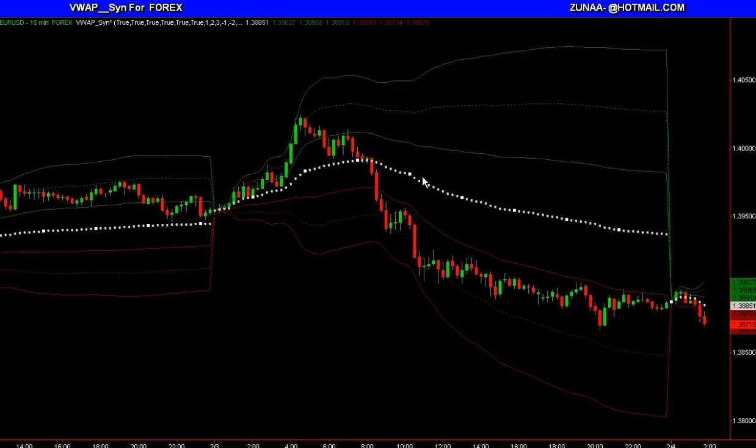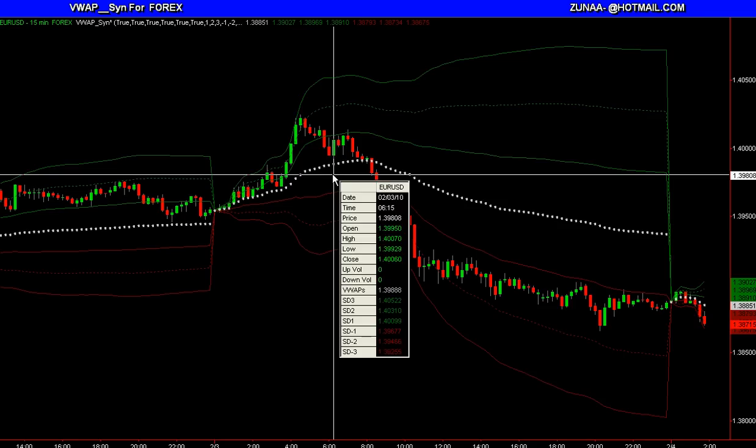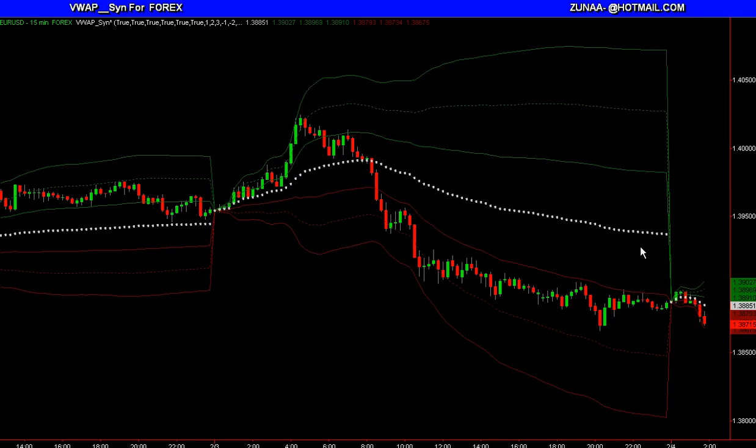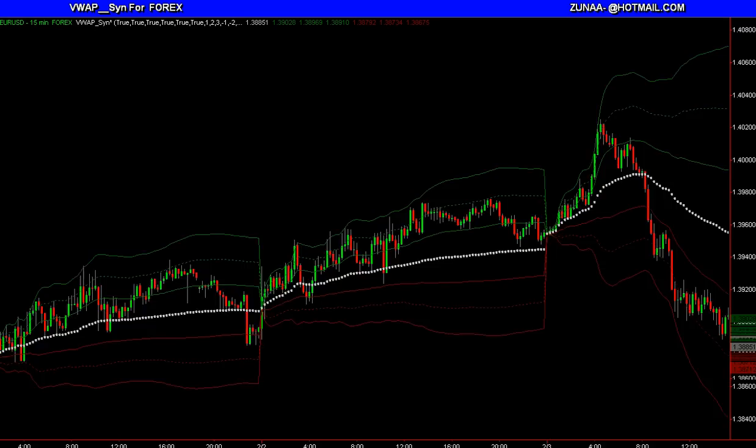Most people use them almost the same way, but for my use, I like this just a little bit better because the way I see price reacting to it when it gets near it, it just works a little bit better. And so I'm wondering if other people are using something similar to this or not.